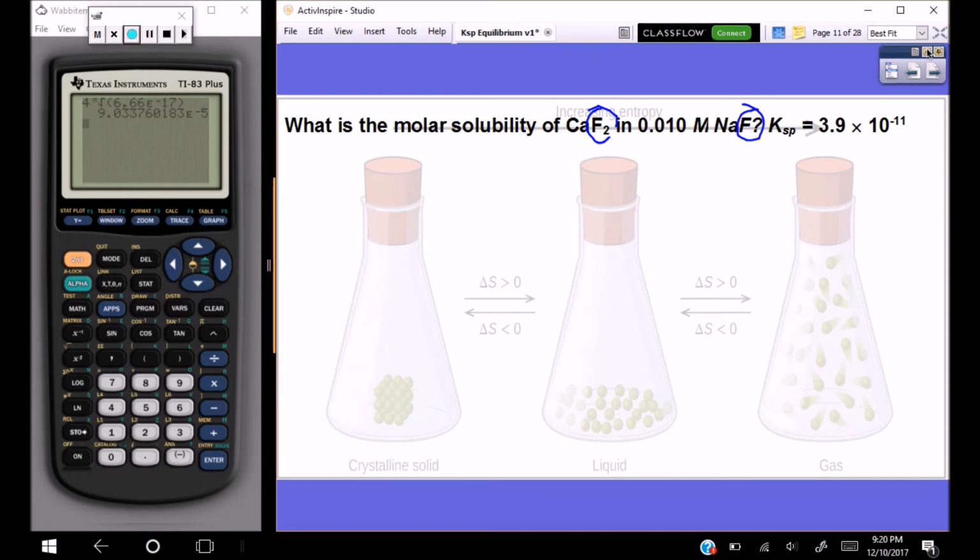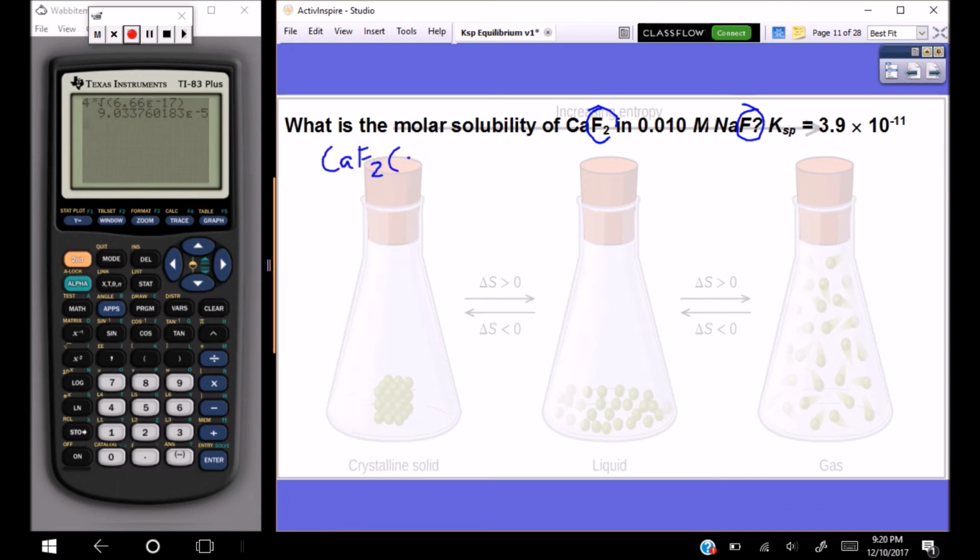I'll talk about later that we also know that pH can affect our solubility, and it's related to the same idea, because that H plus or OH minus ion can affect the shift of our equilibrium, especially if we have ions that will react with them. So in this particular one, we need to look at our NaF, and we still need to look at our regular KSP.